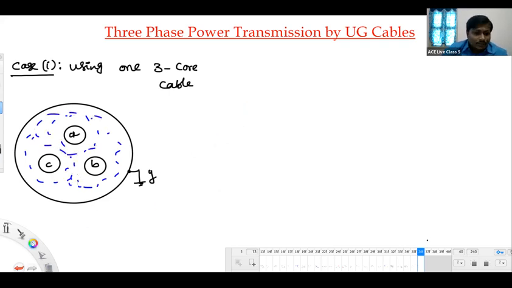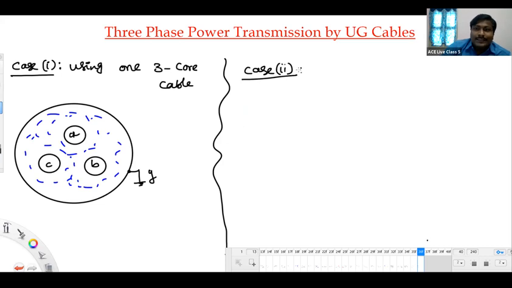Next, case two: using three single-core cables. See this, this is the single-core cable. I'm going to show one single core.